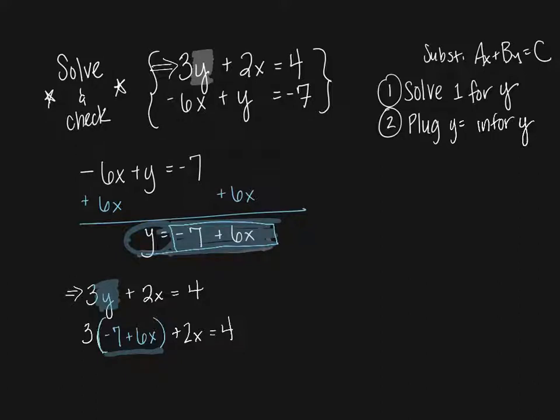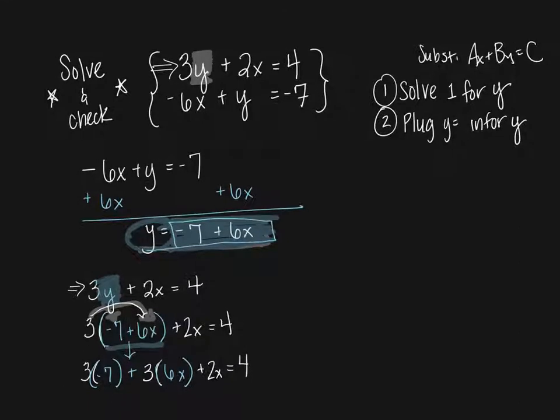Look at this, I have to distribute this over here, so watch out. I'm going to get 3 times negative 7, bring down my sign, remember this is distributive, and you've got to take your 3 to your 6. 3 times 6x plus 2x equals 4.